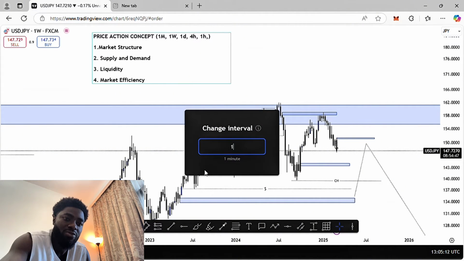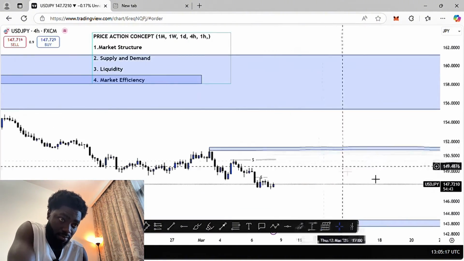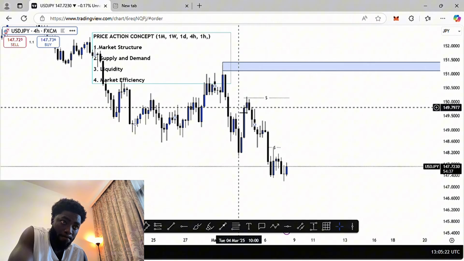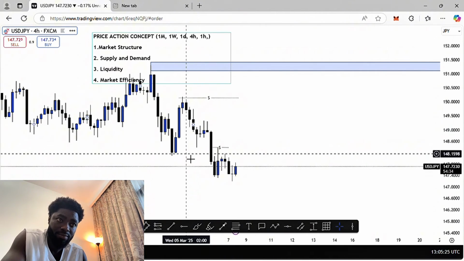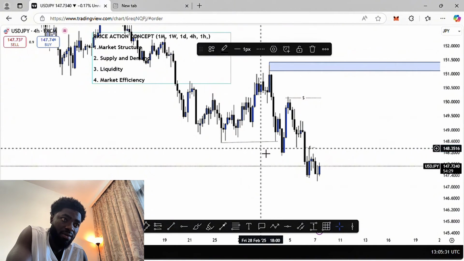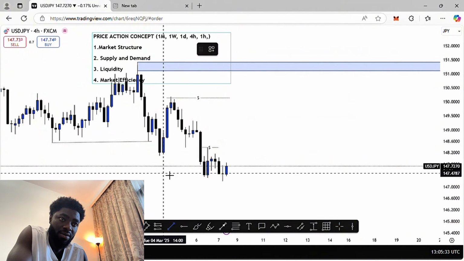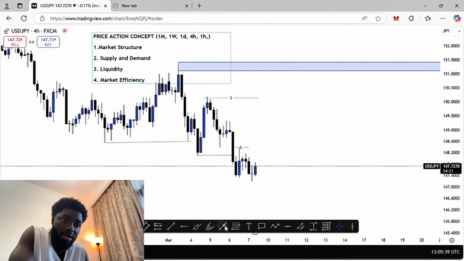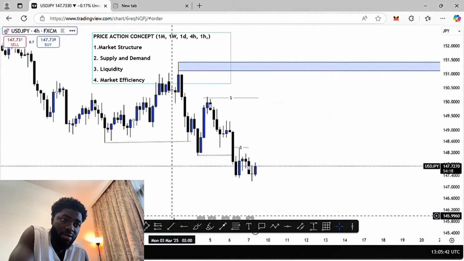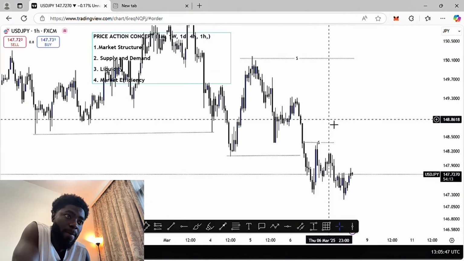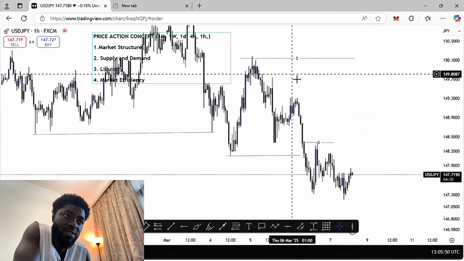So going to the 4 hour time frame, 4H. We have a break of structure here. And this guy can be there. Go to the 1 hour. There is no inefficiency.